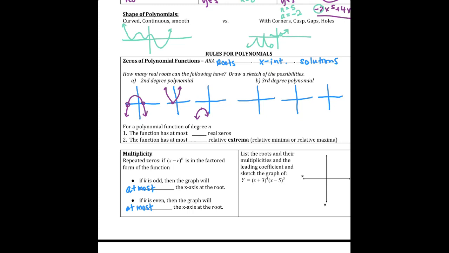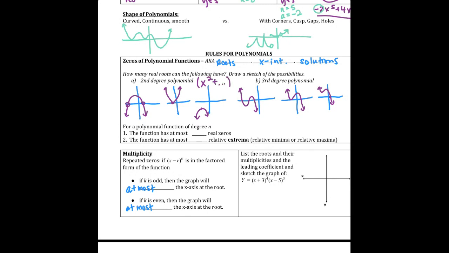A third degree polynomial can have, let's see, it can cross 3 times, it could cross 2 times, and it can cross 1 time. Can it cross 0 times? No. Okay, so for the function of degree n, like this one would be x squared plus something, something, something.